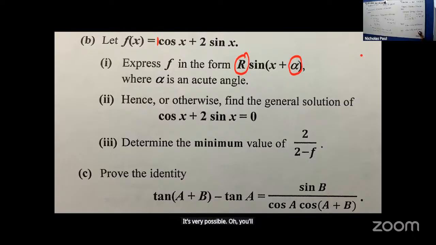When you expand this, you will get R sine theta cos alpha. So when they compare sine x, you will get R cos alpha to be minus.